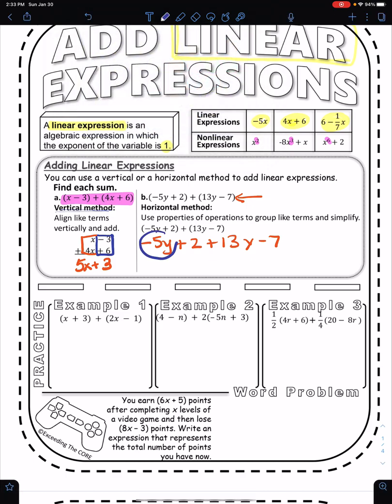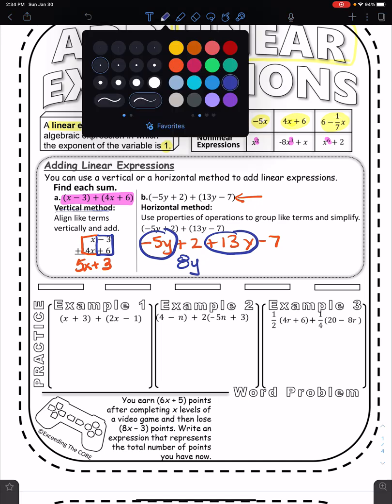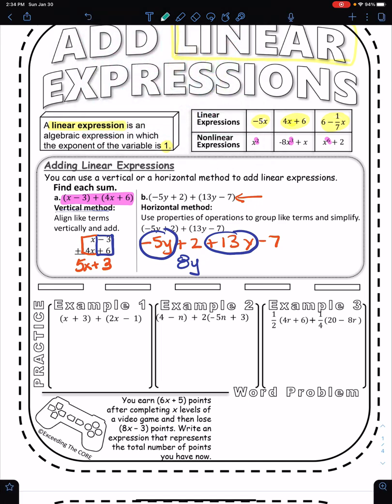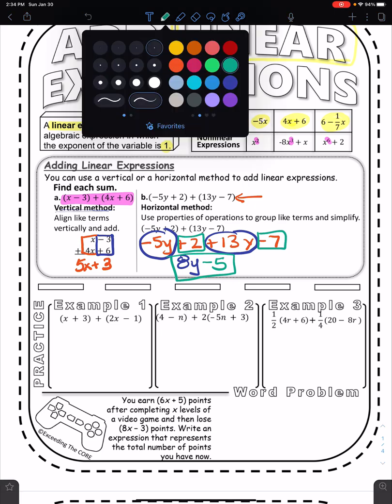Here are the y terms. Remember, I know you're sick of hearing it, that we include the symbol in front of each term so that we know when they're positive or negative. Then I have a 2 and a negative 7 to make negative 5, and this would be the answer. I think that way is easier, so let's do it that way down below.